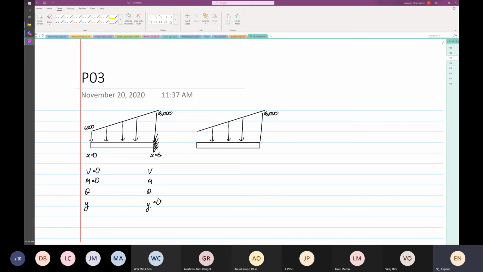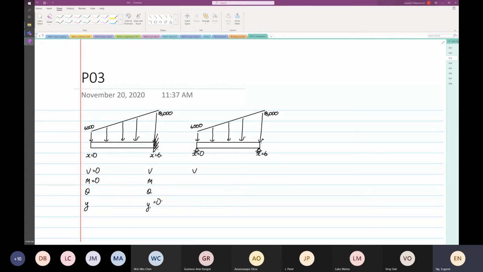So this is our distribution now. The distribution did not change. This is x is equal to 0, and now this is x is equal to 6. Now it is simply supported, okay? So when it's simply supported, what will happen?